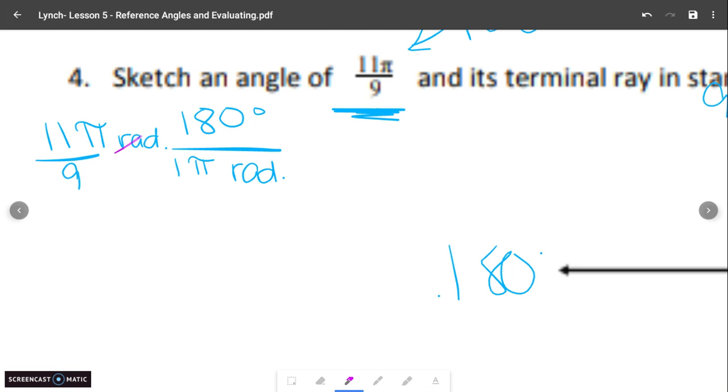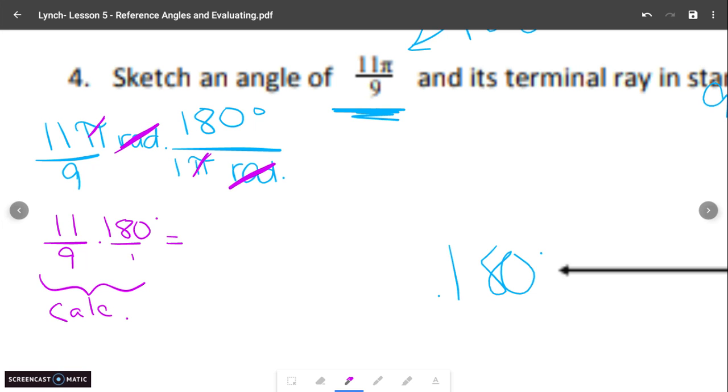So simplifying this, the units of radians cancel, and your pi's happen to cancel. One is on top, one is on the bottom. So you can do 11 over 9 times 180 over 1 if you want. I would plug that right into my calculator if I were you. And you should get that 11 pi over 9 is equal to 220 degrees.